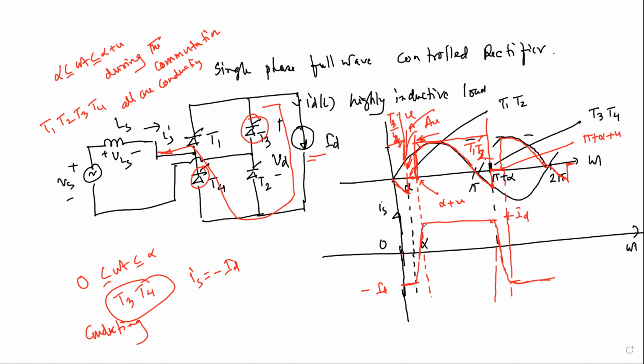And this is your Is. And look here, the Is is just passing through the omega t axis. This point is alpha. Okay? This point is alpha plus u. Then current is passing through what angle? We have already calculated in the last class.